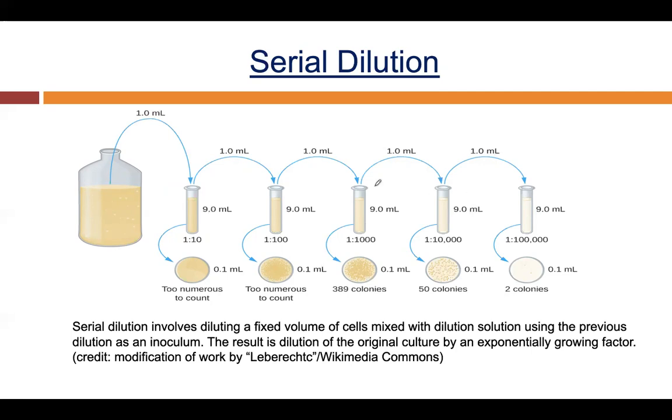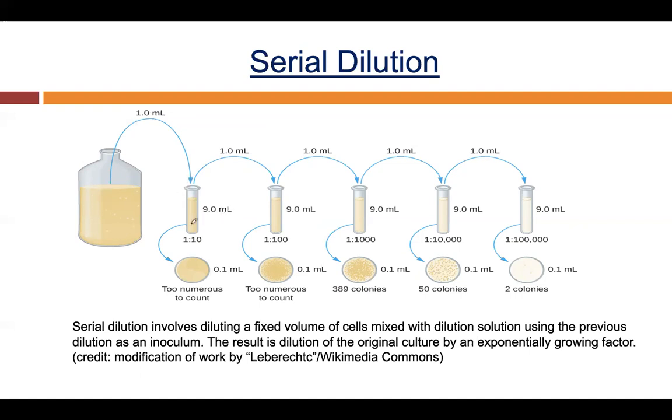Okay, and this is your original sample. Let's say that's your pond water, or maybe your drinking water, which you are going to take or test. So we are going to take 1 ml of original sample water into 9 ml of distilled water.